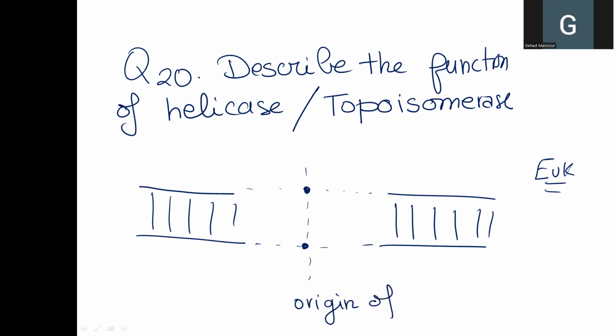So the origin of replication is the site on the DNA molecule where the replication will begin, and because the DNA molecule is very long, we cannot do this in one shot, so we divide it into segments.